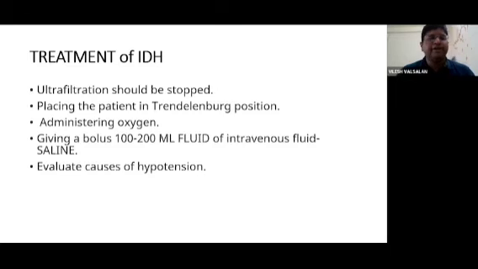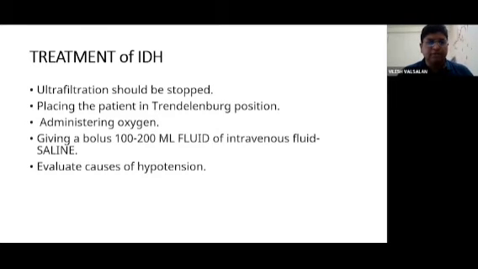So now coming to the treatment of intradialytic hypotension, the first step is you stop the ultrafiltration. First thing, when you see that a patient has suddenly collapsed and you know that the BP has dropped, you put off the ultrafiltration. You have to place the patient in Trendelenburg's position. So you take the patient head low, you raise the legs, so that the blood circulation is coming towards the heart and it will be able to generate some blood pressure.